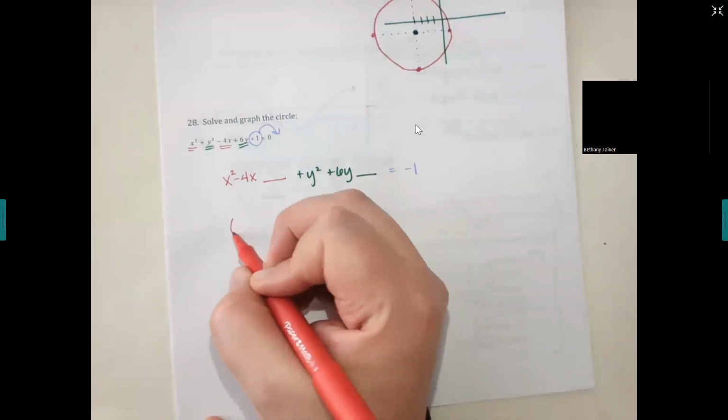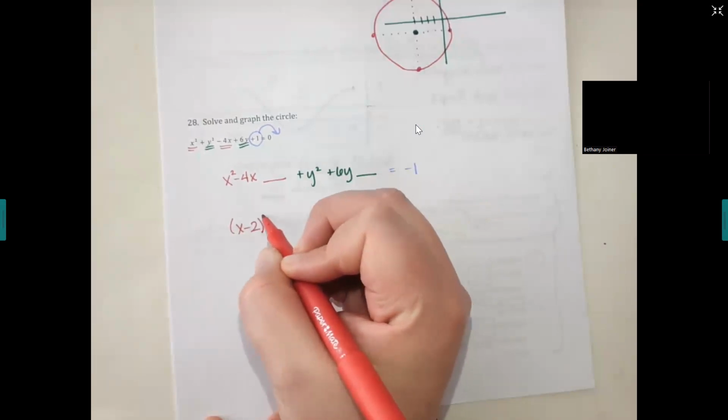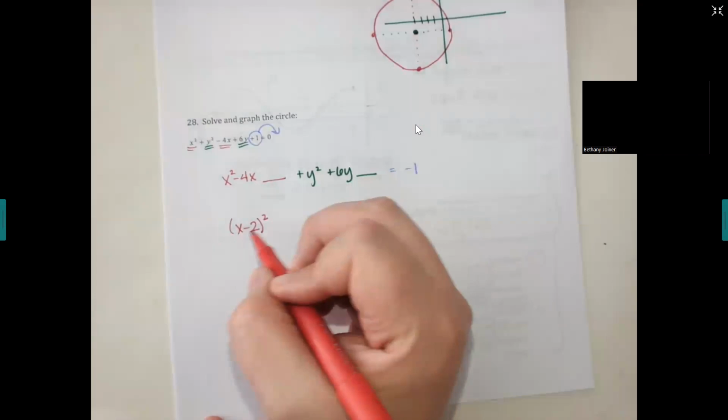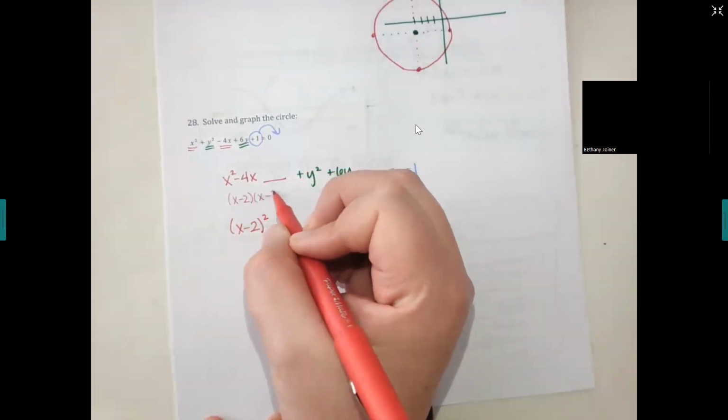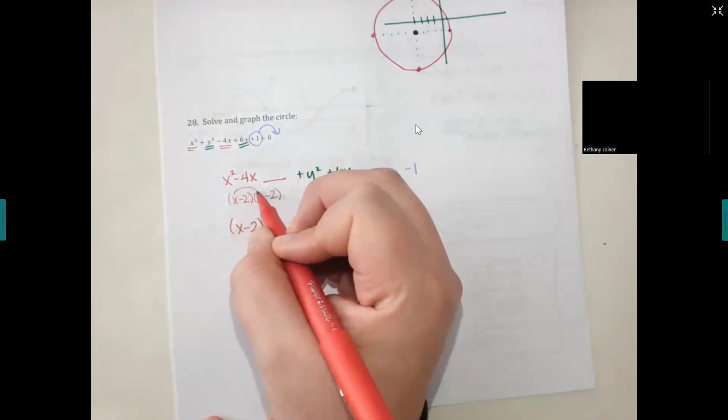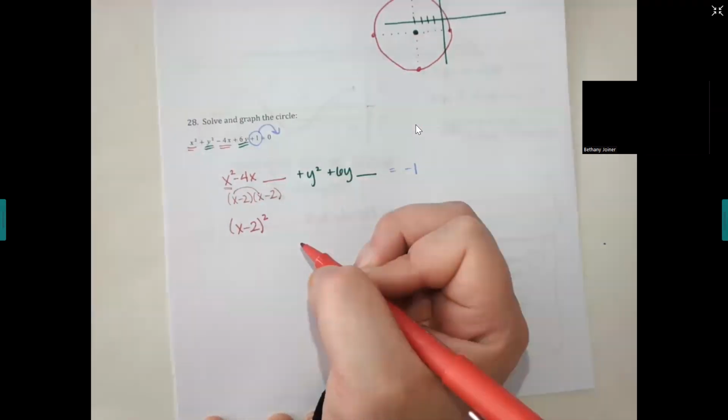Okay, from there, for complete the square, remember, you can only take half of the middle term. So if it's x squared minus 4x, I'm going to change that to an x minus 2 squared. And then I would think in my head about, okay, if it's x minus 2 squared, that's x minus 2 twice. So x times x gives me x squared, I have it.